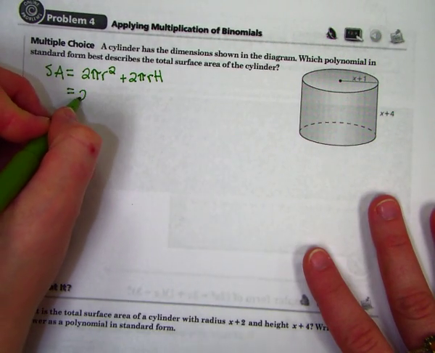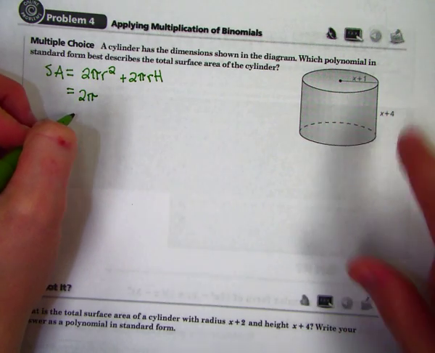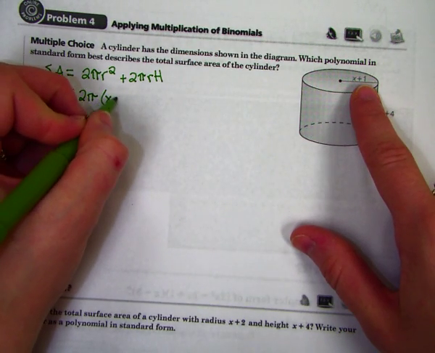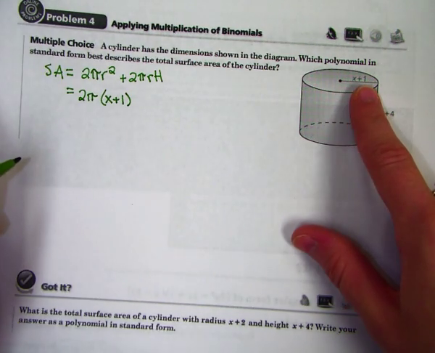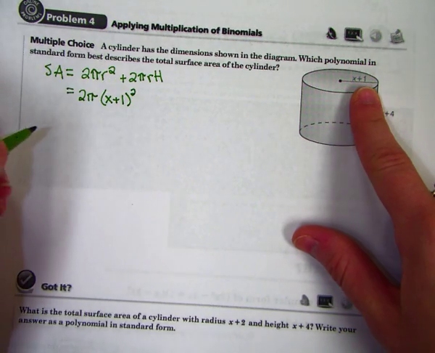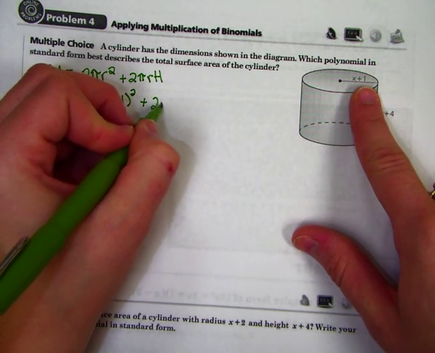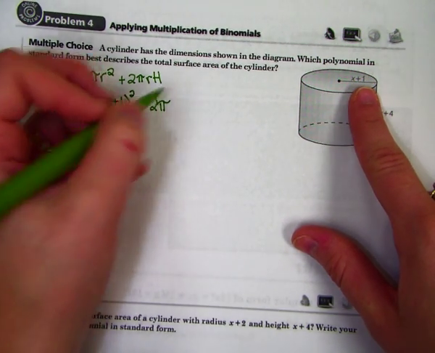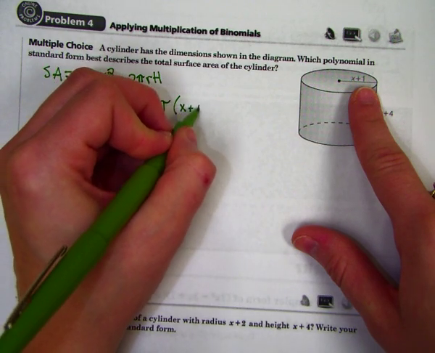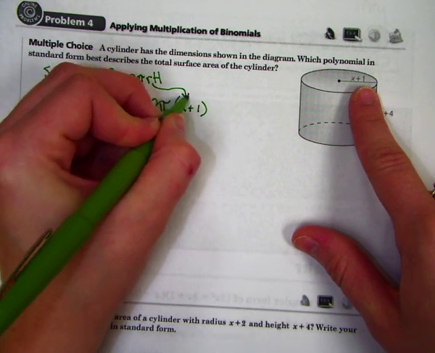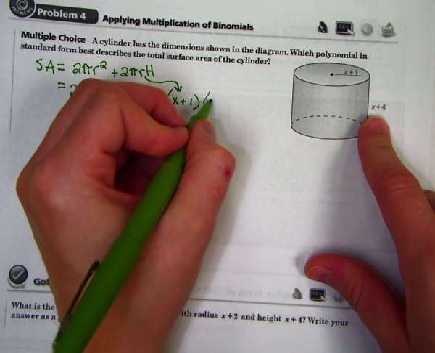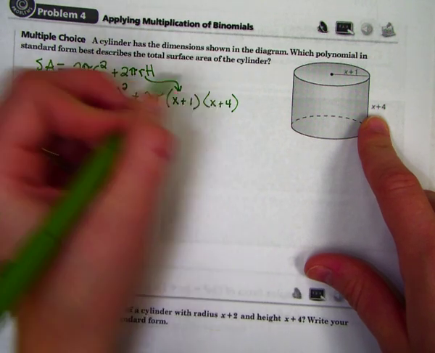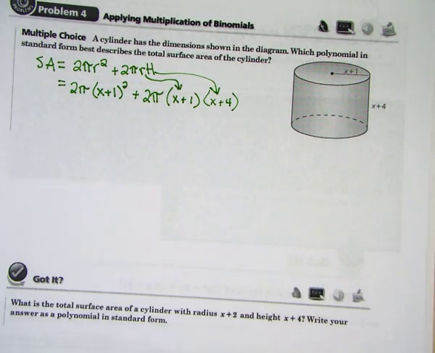That's going to be 2 pi, the radius is x plus 1, and we need to square it, plus 2 pi, r is x plus 1, notice I'm just replacing, and h is x plus 4. Whee. Okay.